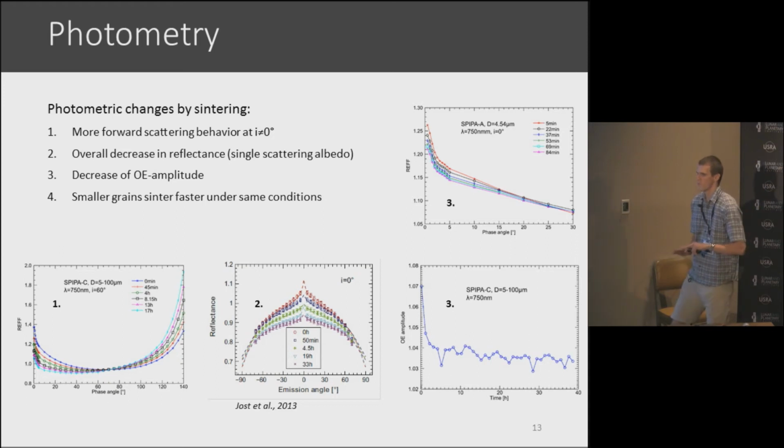So there's no steady state or plateau reached after a certain time. This would go on forever until it's a solid block of ice, I guess. But the most prominent effect is really within the first minute or hour. So it goes quite fast at these temperature conditions.